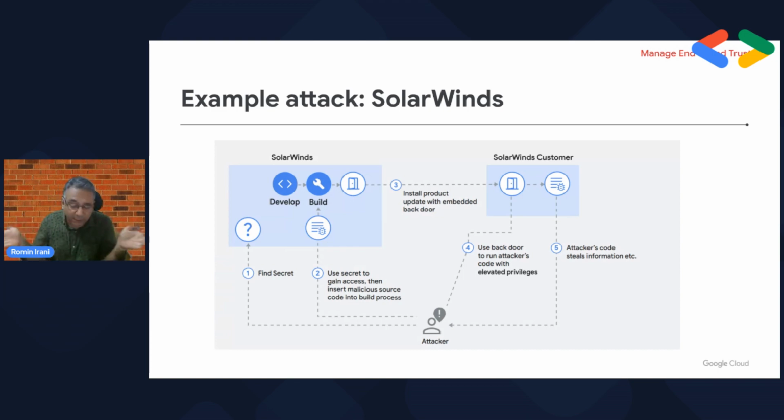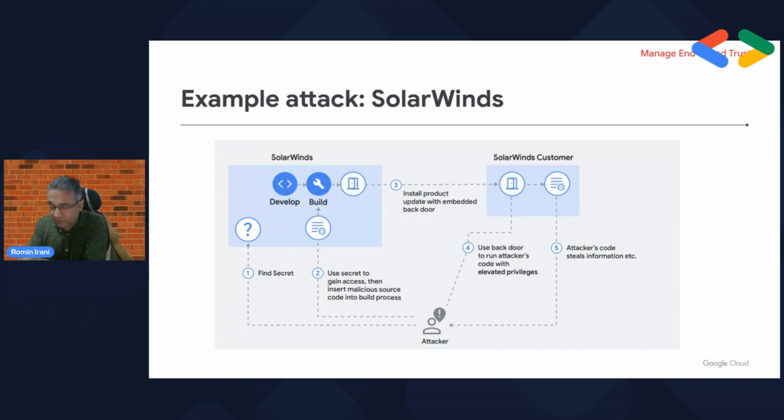There were probably no checks and balances at that time as to, let me only make software available for download if it has been built by my process and not by anyone else from their machine. Those things are probably not there, as a result of which, as one of the attack vectors we saw earlier, you could compromise the build process, inject your code, and make that binary available to others.